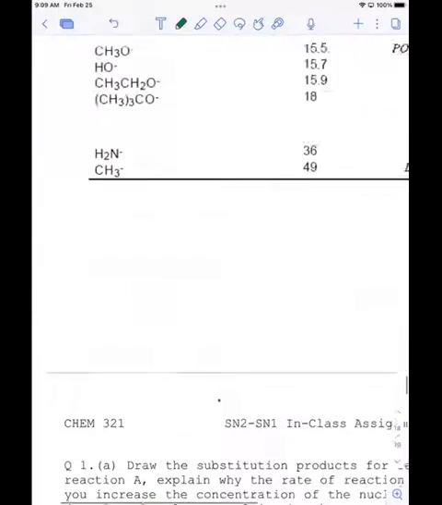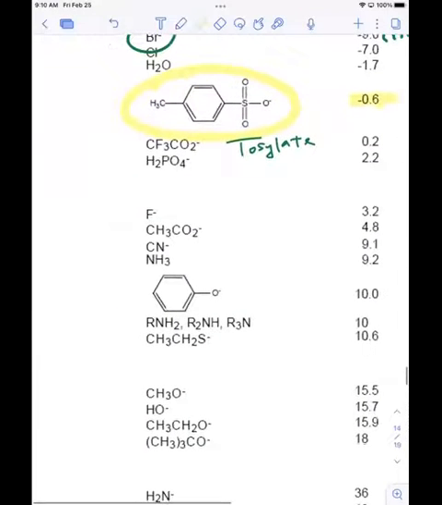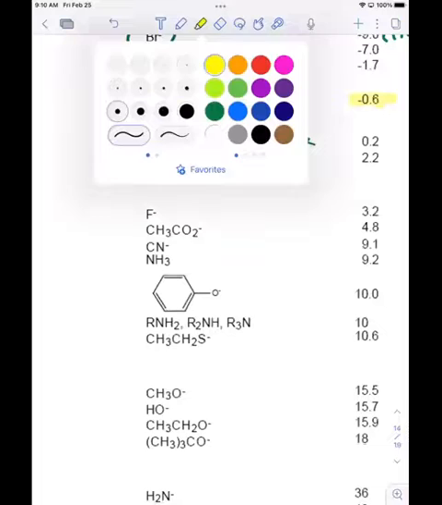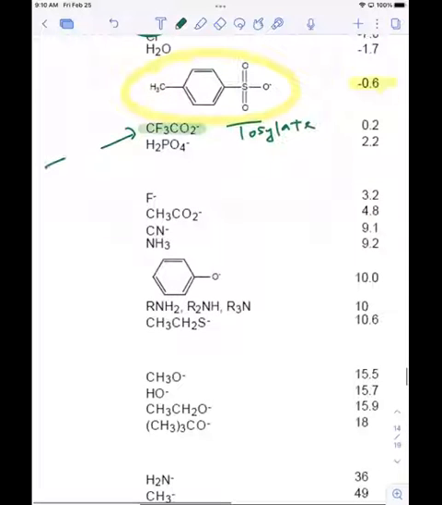Go to the list, you'll see it right here. This is triflate, it's OTf, trifluoromethane sulfonate.